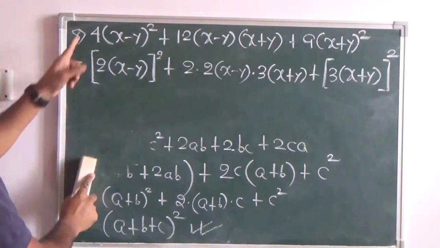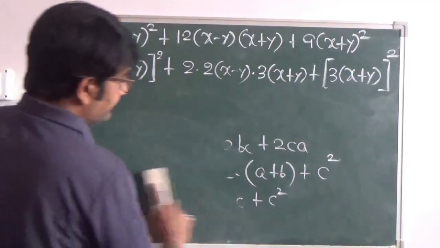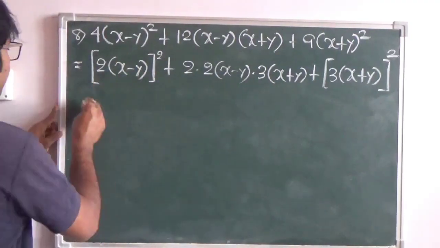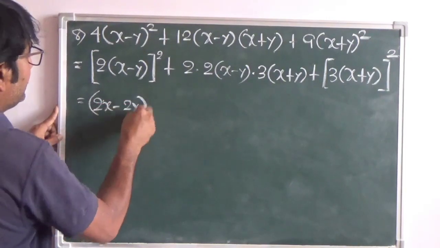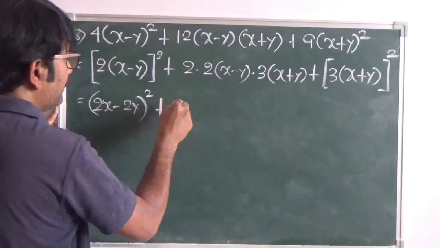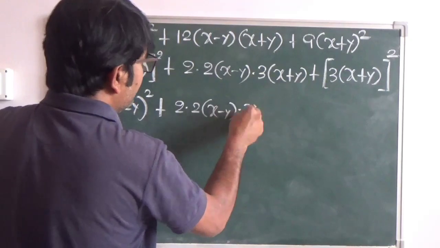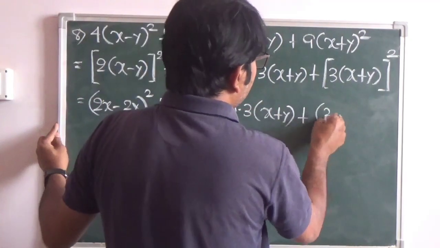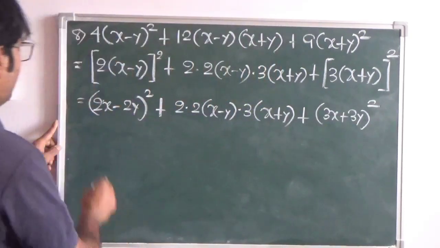Taking 4 inside and from there 3 inside. So again you can see the formation. It will be (2x minus 2y) square plus 2 into (x minus y) into 3 into (x plus y) plus (3x plus 3y) whole square.